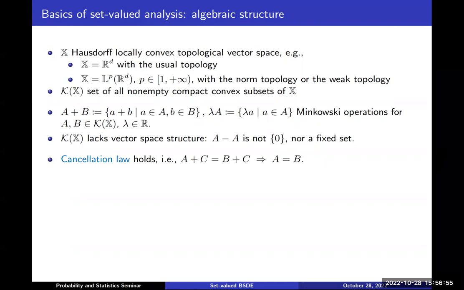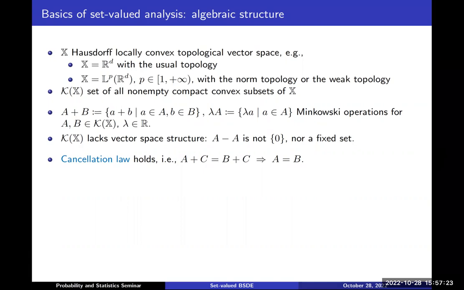Nevertheless, the addition has a cancellation law when you work with compact sets. When you work with unbounded sets, this doesn't work. So if you have A plus C equals B plus C, you can cancel out C, as long as C is convex and compact. This is the cancellation law. It's an important thing if you are going to solve some equation at some point, right? But if you work with unbounded sets like this, try it, it doesn't work.